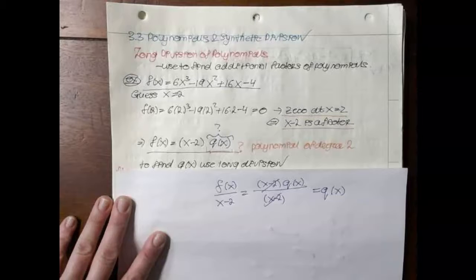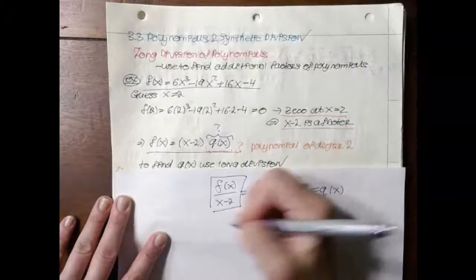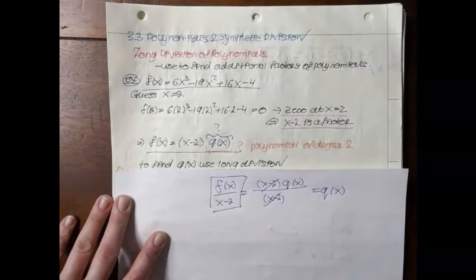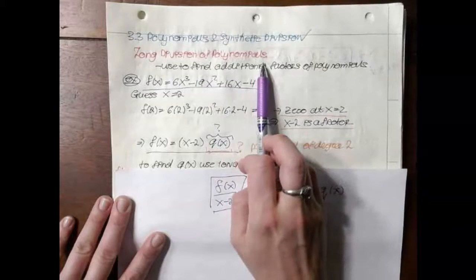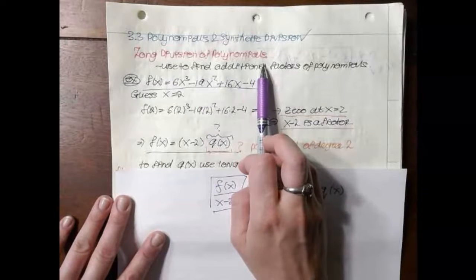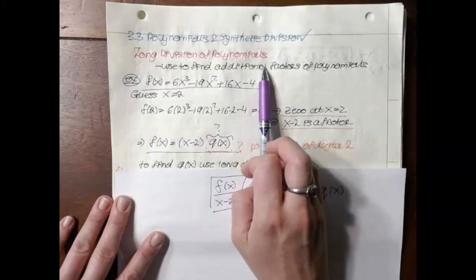So this is why we need to learn how to divide not just numbers, but variable expressions. And in this example, we're going to divide polynomials. There are a couple of ways to do this. One way that works for all polynomials is called the long division of polynomials, which is very similar to long division of numbers, but we'll have to practice and figure out how to do it so you can do it pretty quickly.